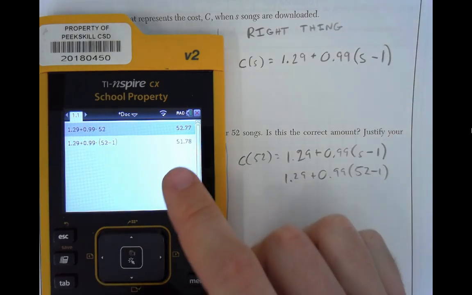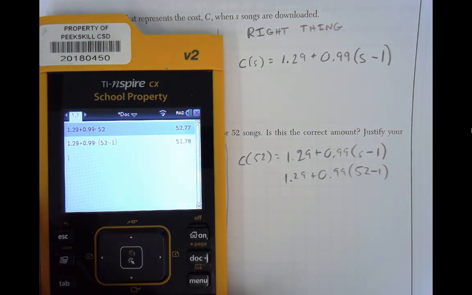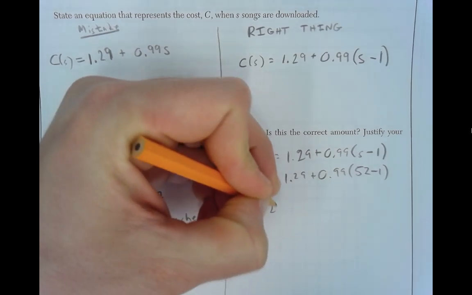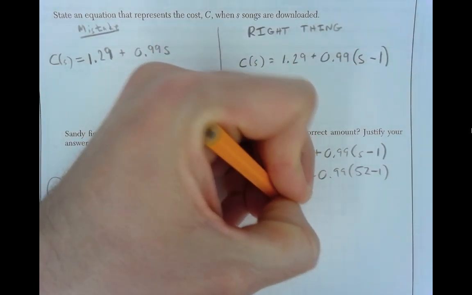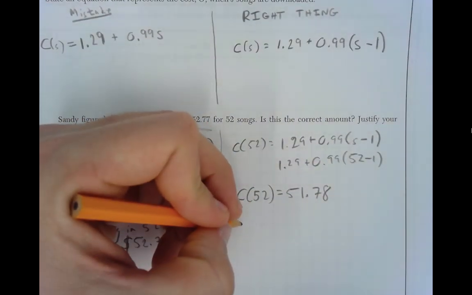If I hit enter here, I find that it should actually be costing the users $51.78. So the cost of 52 songs should really be $51.78.